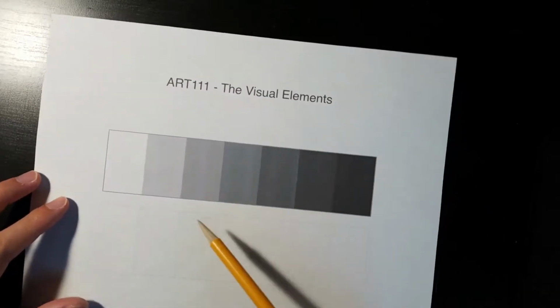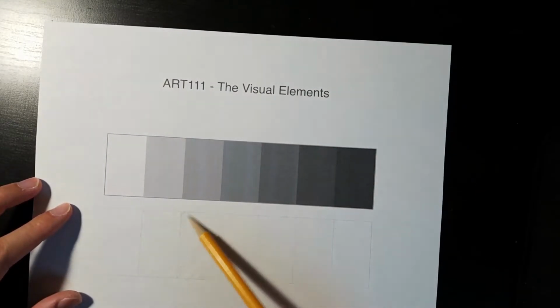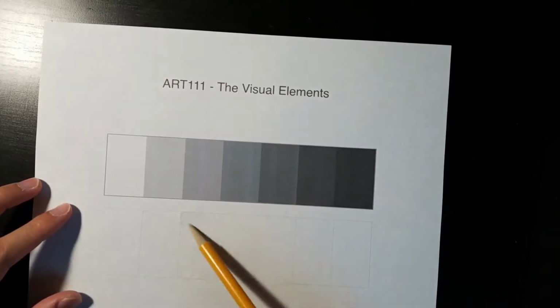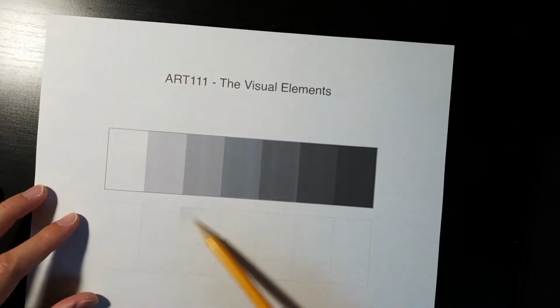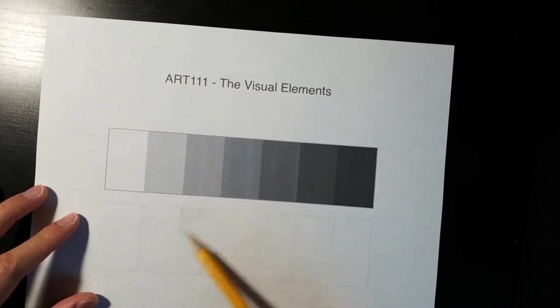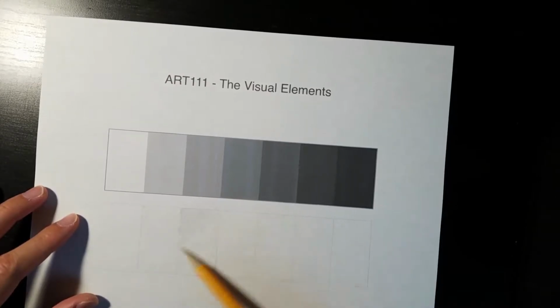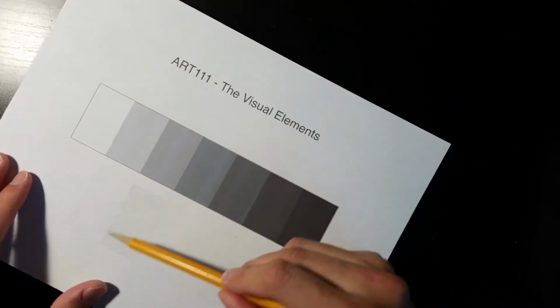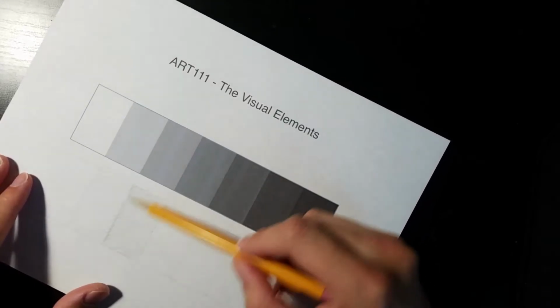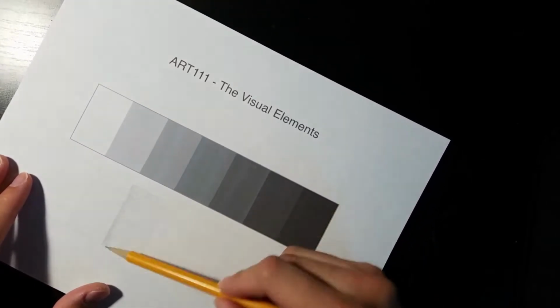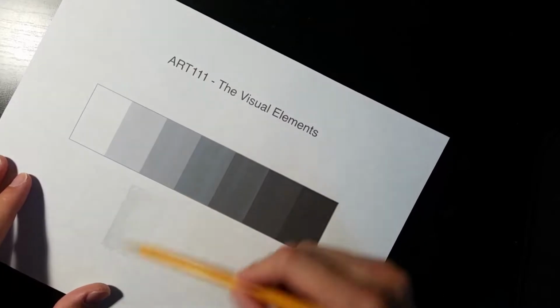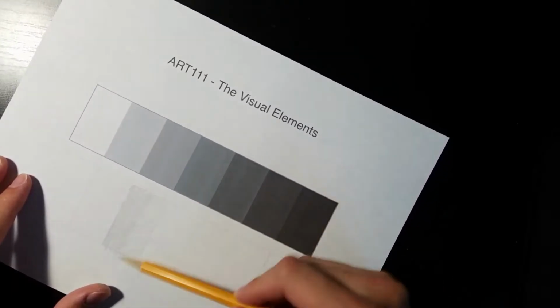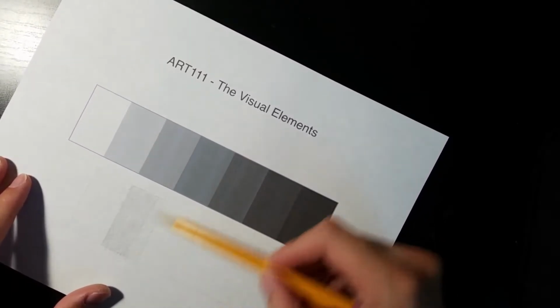The style of this doesn't matter, how you do it. Obviously I need to go a little bit darker, but I'm going to make it a little neat by introducing a little bit of vertical lines, and I'm doing the cross hatching.